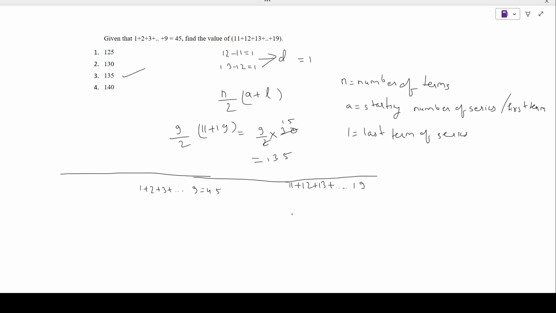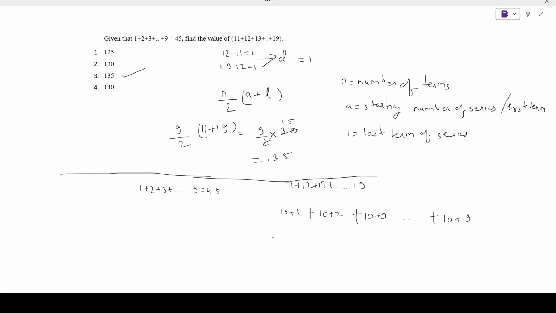This series can be written as 10 plus 1 plus 10 plus 2 plus 10 plus 3 up to 10 plus 9.